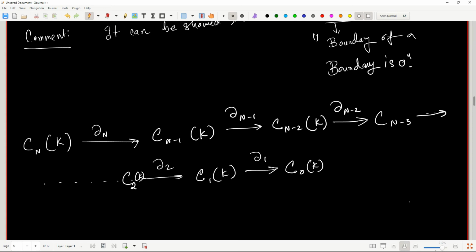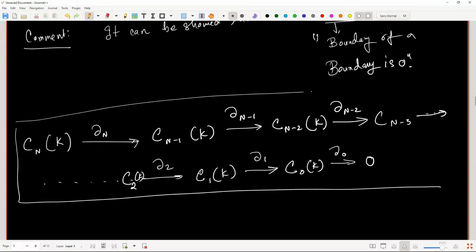And we said that whenever you have a point and you apply a boundary operator on it, it gives you a 0. That's the definition of a boundary of a point. So I can apply del 0, and then I can finally get a 0. So this structure is often called the chain complex.